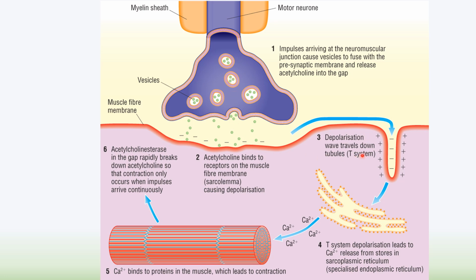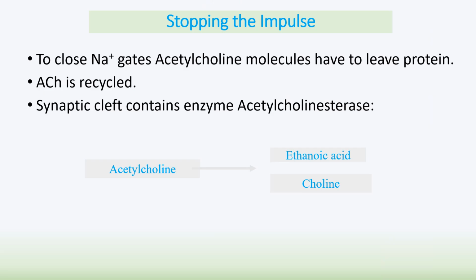When the impulses stop, those calcium ions will be actively reabsorbed into the sarcoplasmic reticulum using energy. Now, to stop the muscle contraction, the acetylcholine in these receptors must be broken down and recycled. An enzyme called acetylcholine esterase breaks it down, which allows the sodium channels to close.